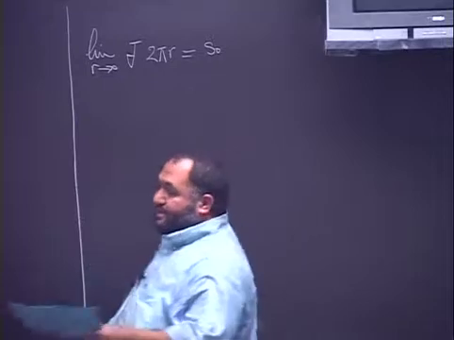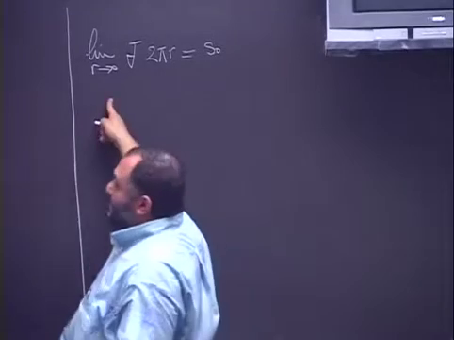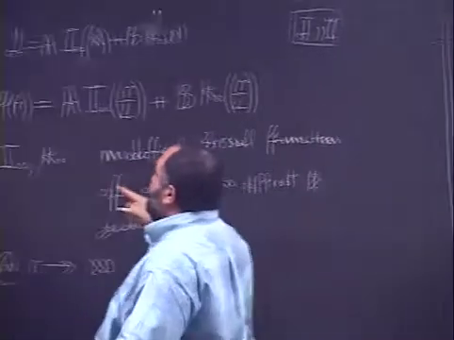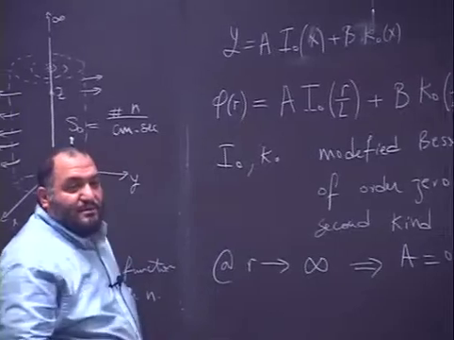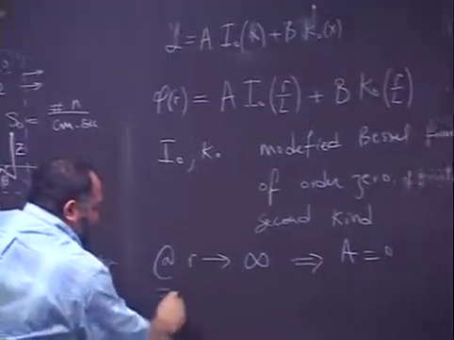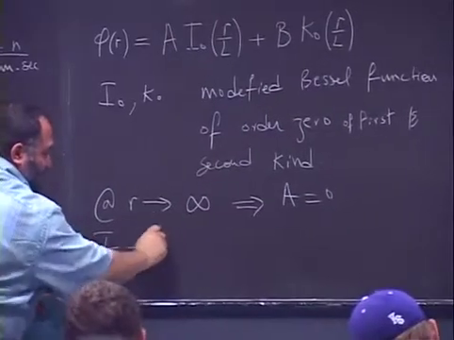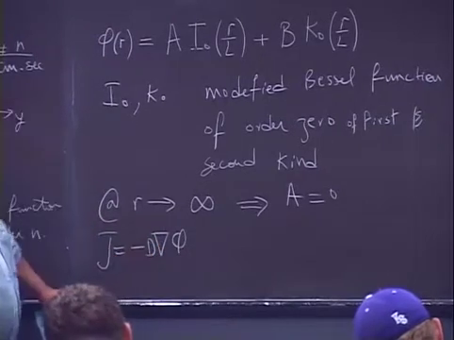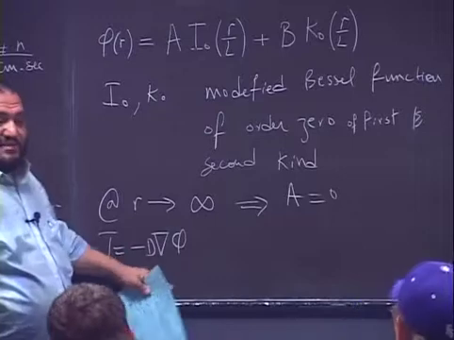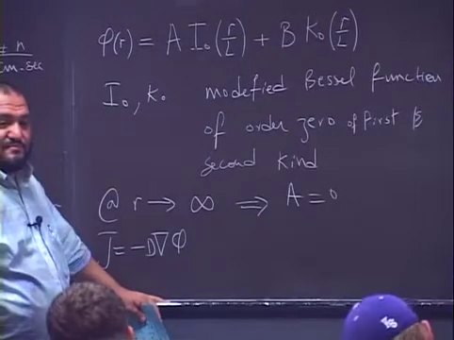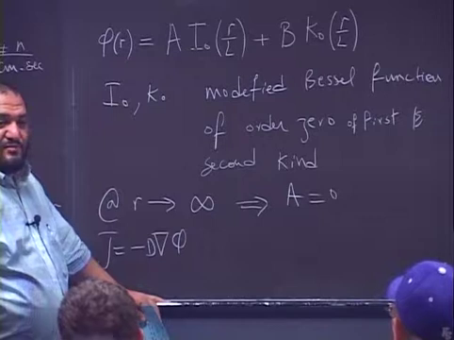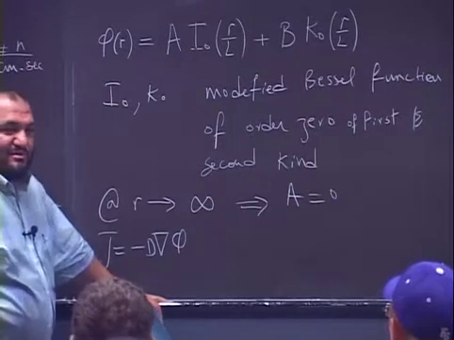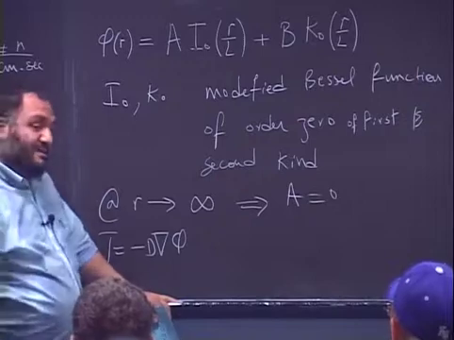So how do you get the current? The current J is nothing more than negative D multiplied by grad phi. And what's the gradient in cylindrical coordinates?